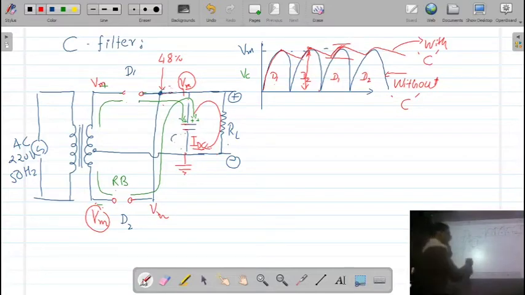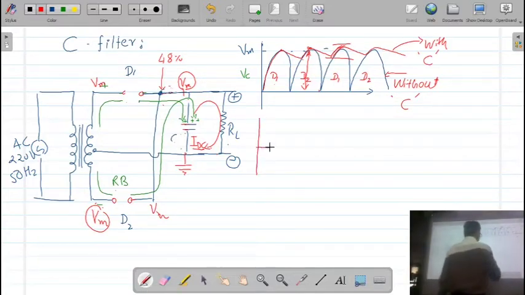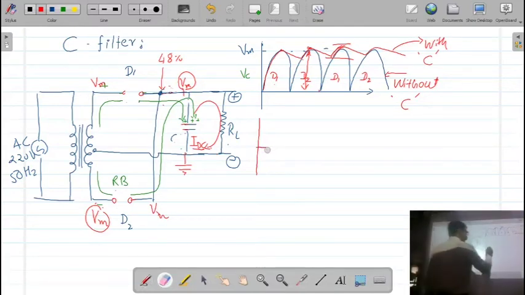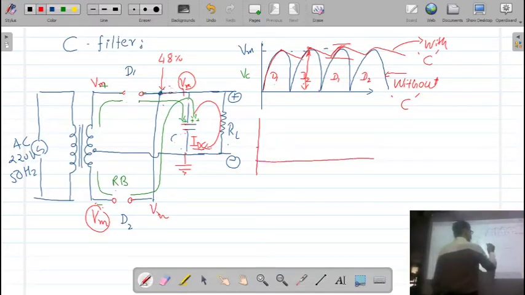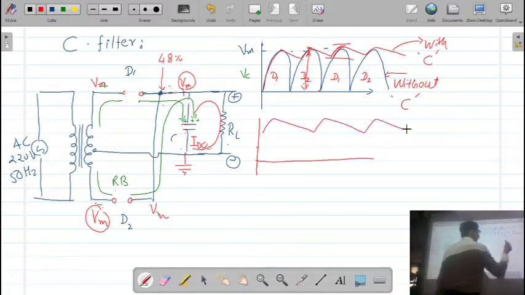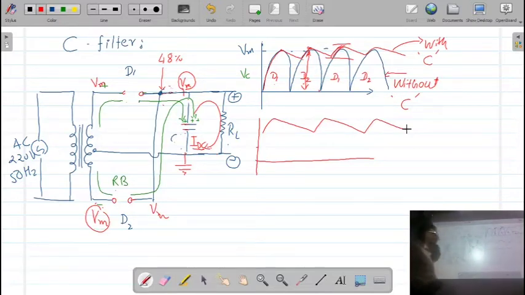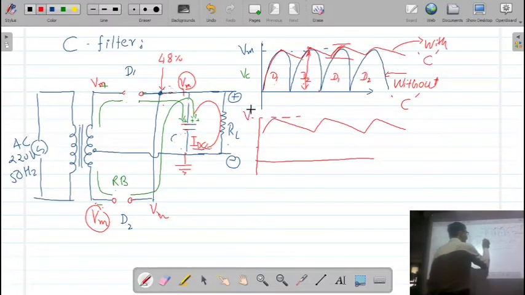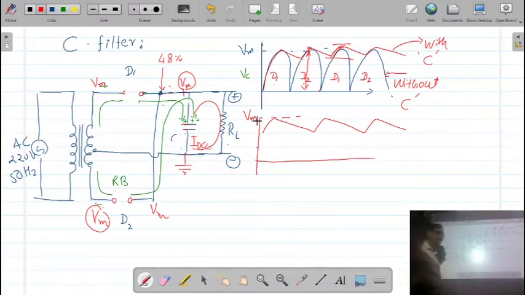So again here, I will draw the phase diagram. Then if you see the charging and the discharging, it is like this. Here, this is representing the maximum voltage Vm.